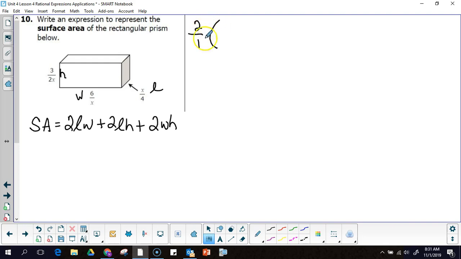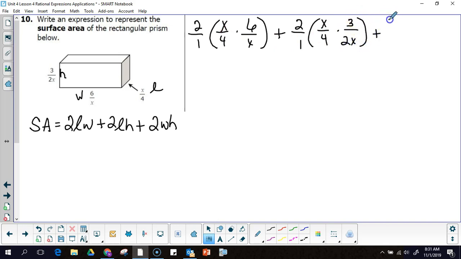So surface area equals 2 times length, which is x over 4, times width, which is 6 over x, plus, I'm putting 2 over 1 because we're working with fractions, 2 times length times height plus 2 times width times height. Right.